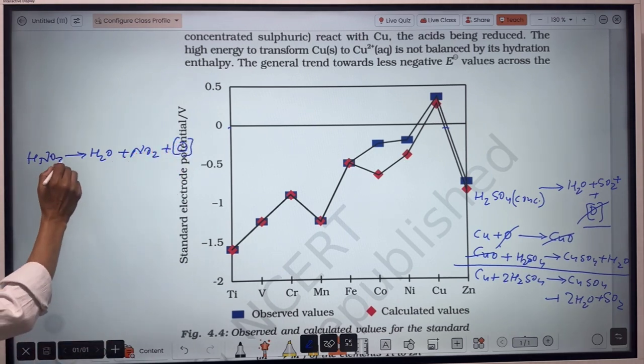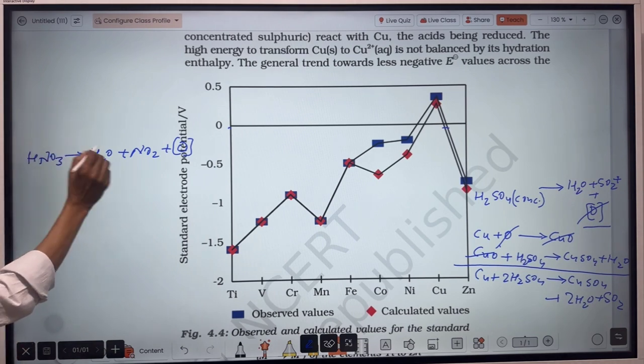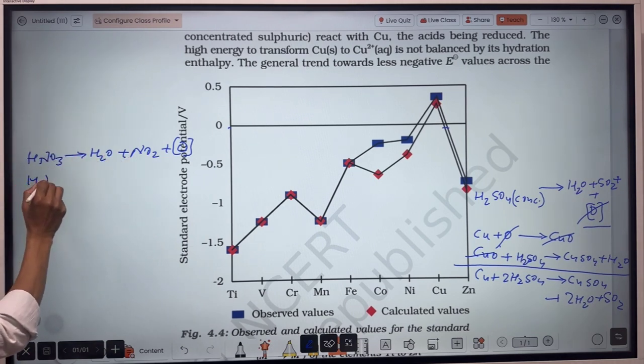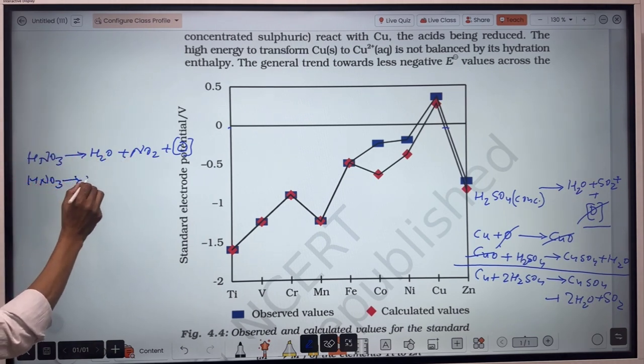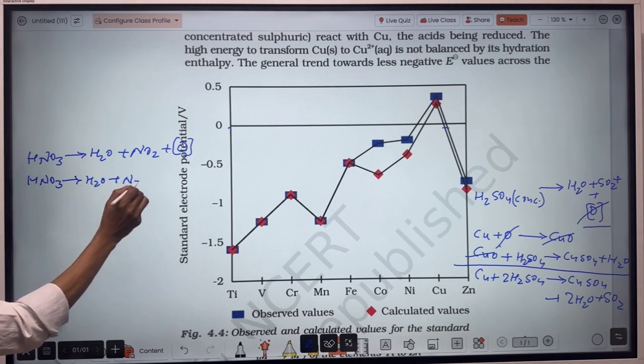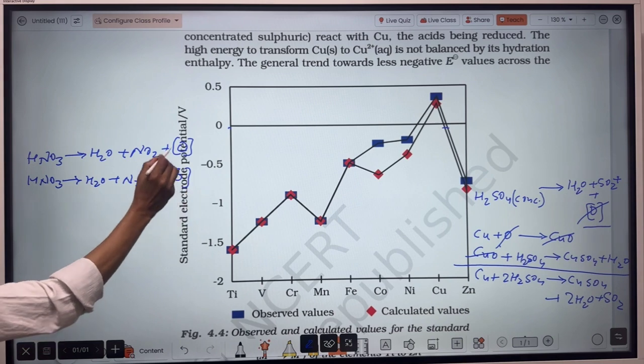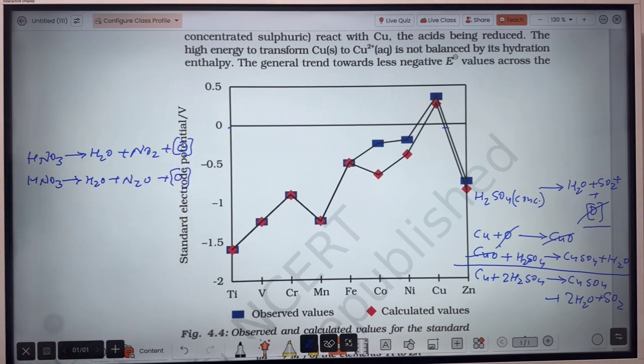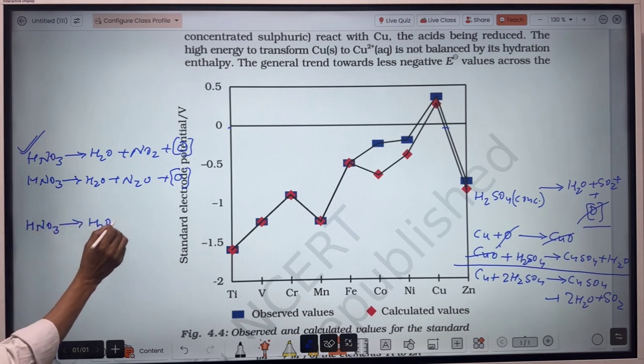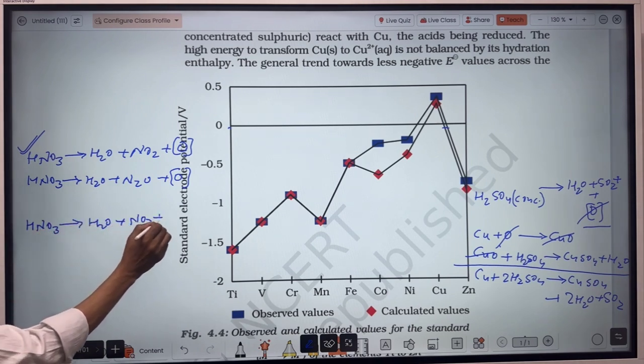In some cases, depending on concentration, HNO3 can also dissociate into H2O, N2O and nascent oxygen. Depending on the condition, what's there. So, I'm taking only this example. It's not too concentrated HNO3. So, HNO3 dissociates into H2O, NO2 and nascent oxygen.